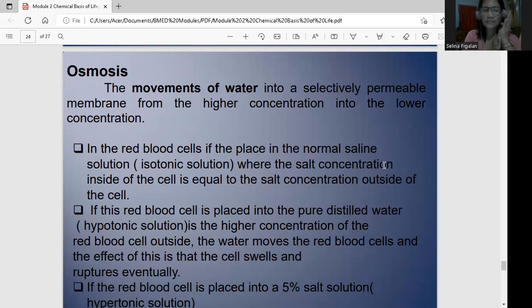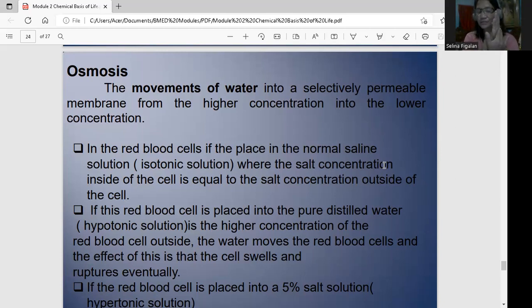But if it is under the hypotonic solution, ano sabi niya? Pag sinabing isotonic, ang outside of the cell and inside of the cell ay pareho. But pag sinabing hypotonic, the outside of the cell is highly concentrated and then ang nasa loob ay mas mababa or lower concentration.